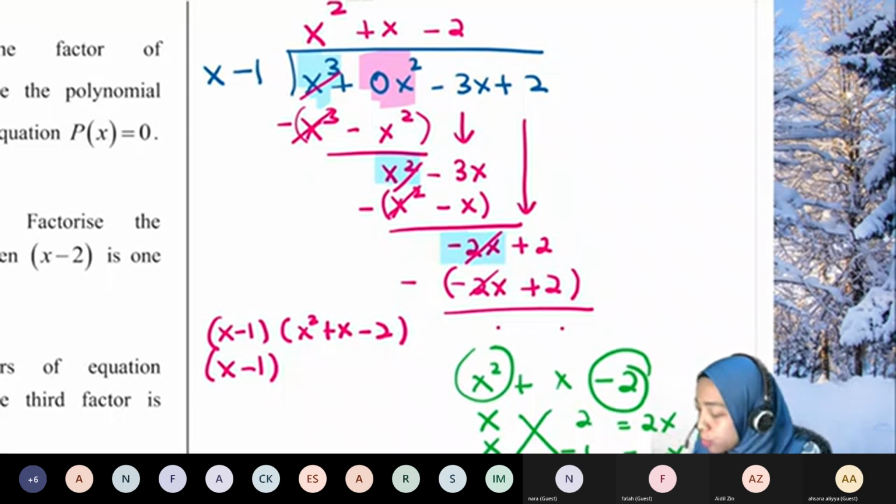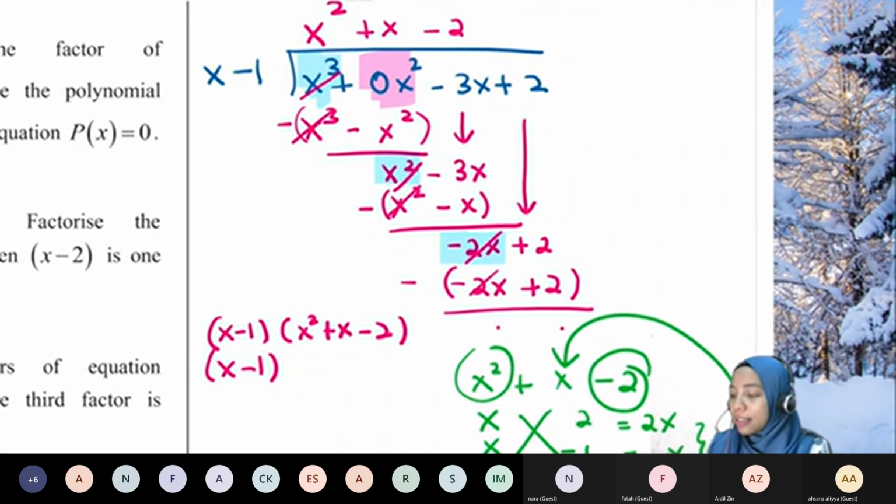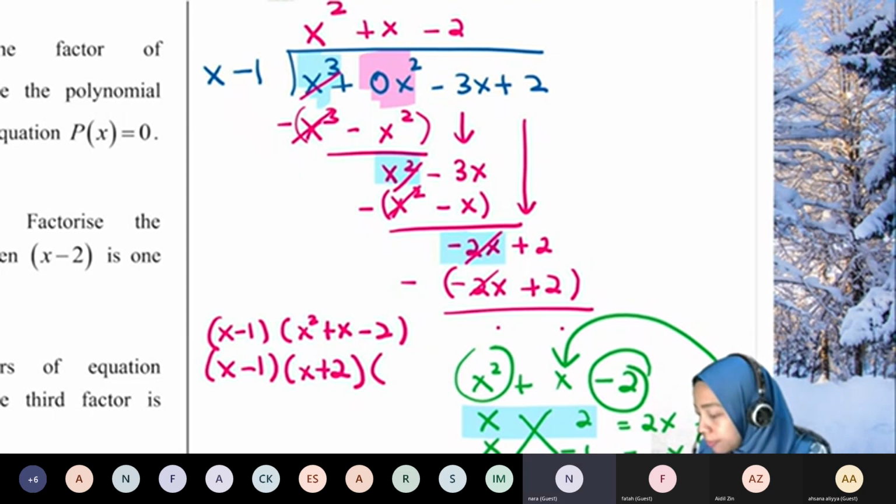So, bila I tolakkan kedua-duanya, dapat baki x seperti di tengah. So, functionnya apa? Functionnya ini. Functionnya nama darab silang tapi yang kita ambil adalah x plus 2. So, x plus 2. Dan function yang kedua adalah x minus 1.